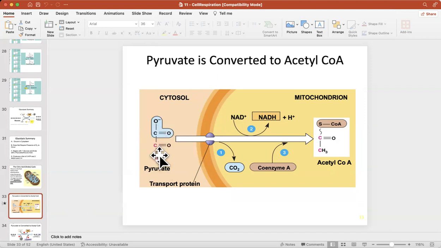So this is pyruvate, right? We talked about this. This is a product of glycolysis. Then you need to go into the citric acid cycle, which starts from a 2-carbon molecule. So there has to be an intermediate step, which turns the 3-carbon pyruvate into 2-carbon acetyl-CoA. You cut 1 carbon away, and this blue one is CO2.